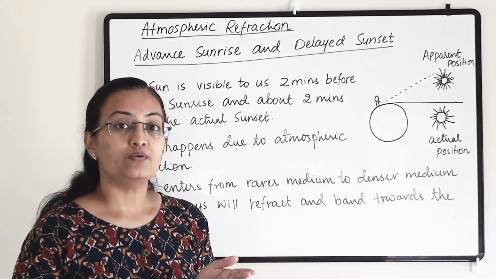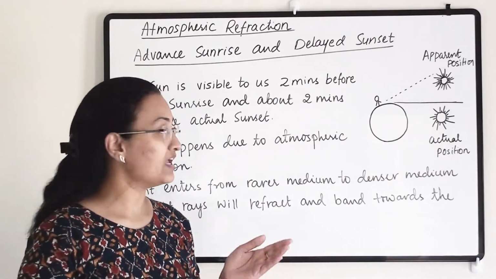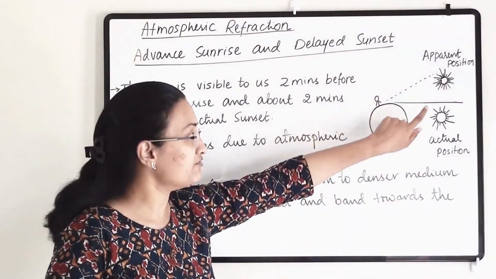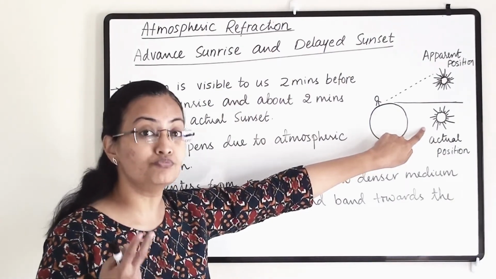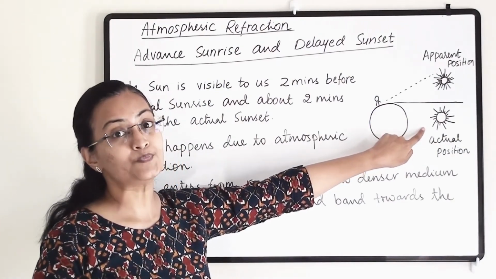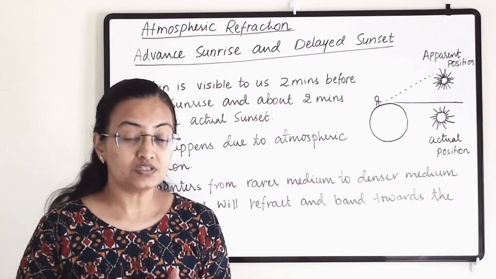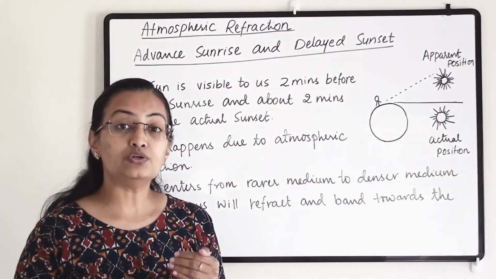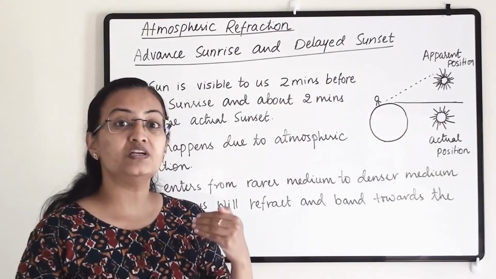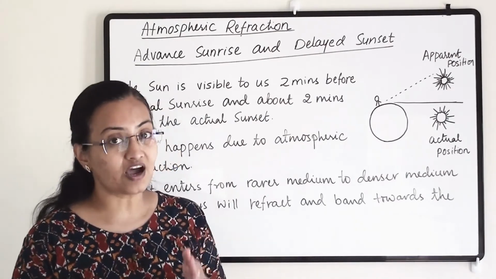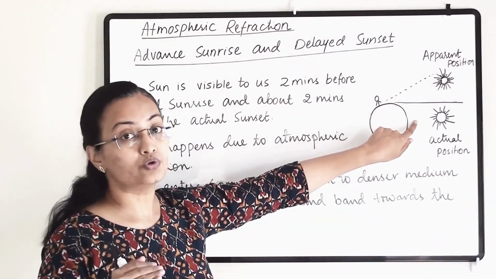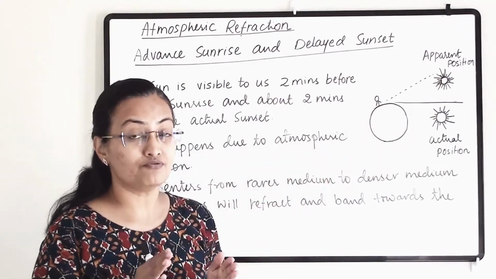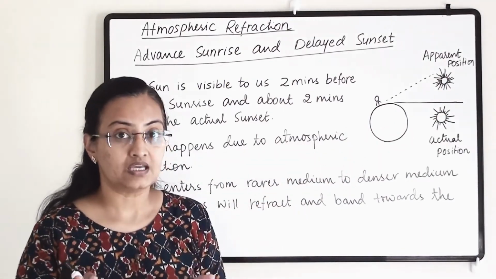And advanced sunrise means we'll be able to see the sun even if it is down below the horizon, 2 minutes before the sunrise. So as per this phenomenon, we'll be able to see the sun 2 minutes before and 2 minutes after the sunset, even though the sun is just down below the horizon and actually we shouldn't be able to see the sun.